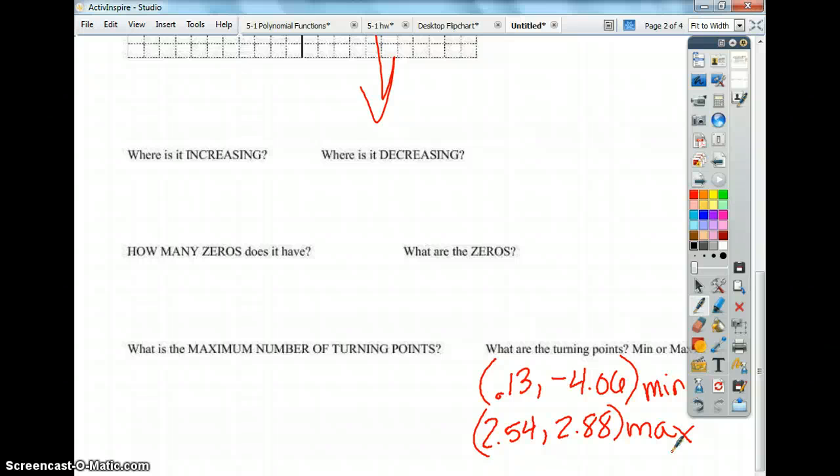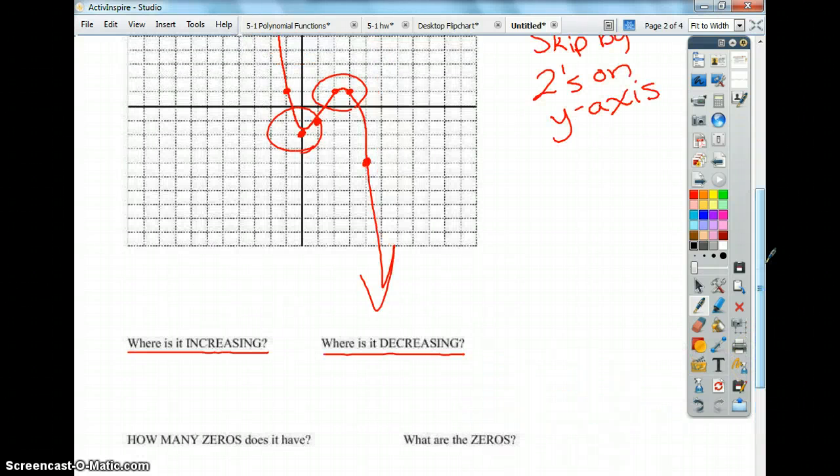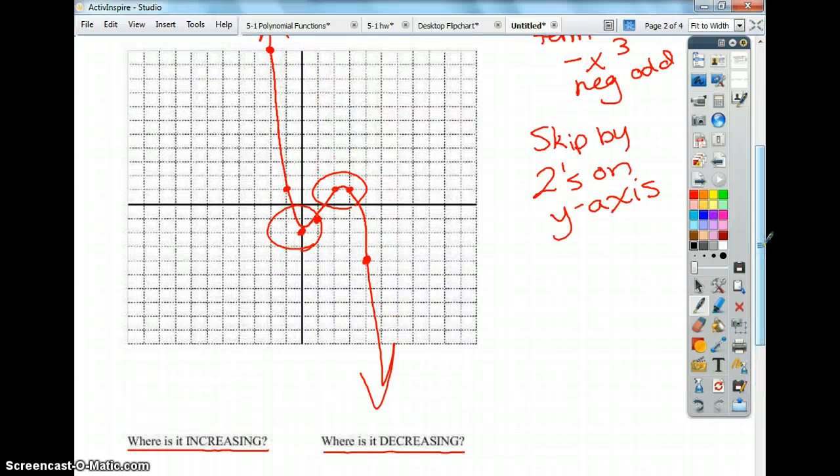We can go back and we can answer this question, where is it increasing and where is it decreasing? So we have a pretty good picture here. Just like you read a book, left to right, read your graph. Is this increasing or decreasing here? Decreasing, very good. And then it stops right around here, doesn't it?